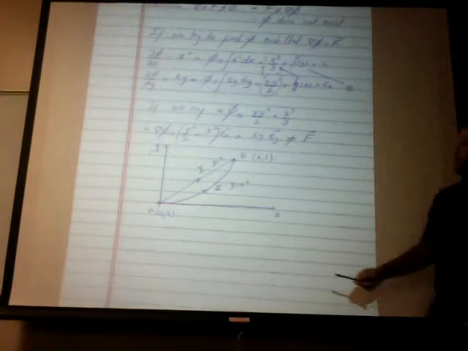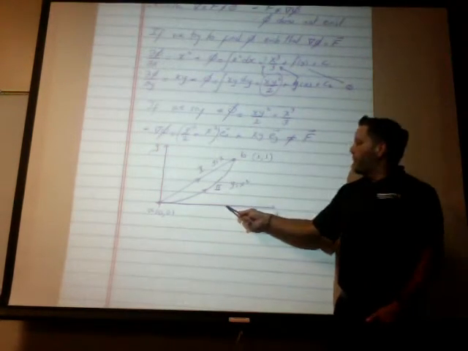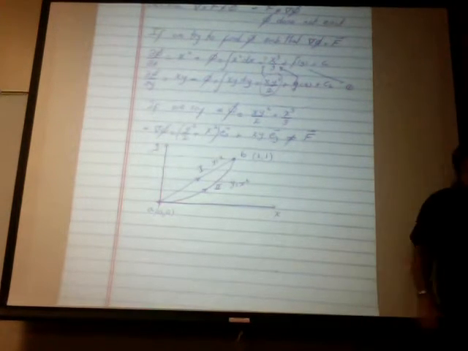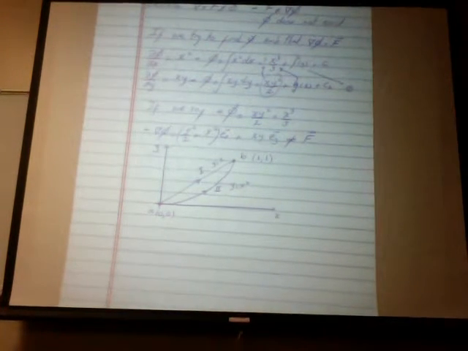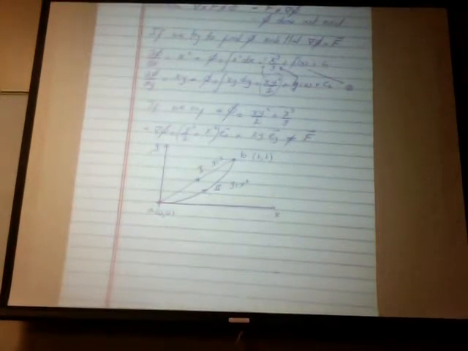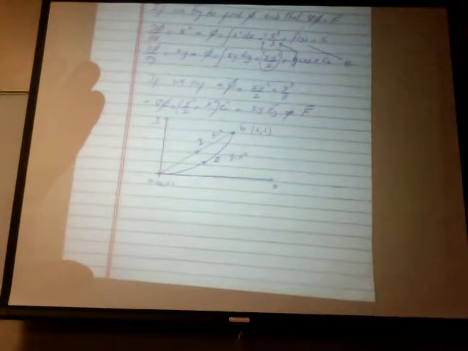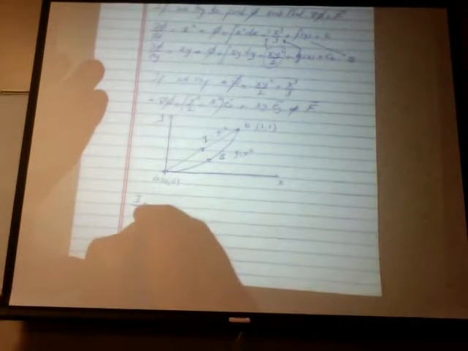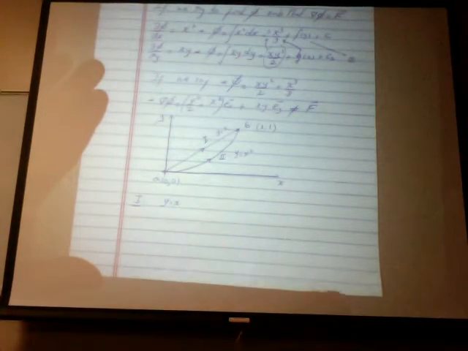And another choice would have been, okay, go from here to here, and then from here to here. Take 2 paths to get to point B. You can try that later. All right. So let's take path 1. y is equal to x.